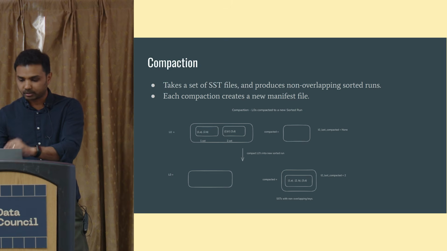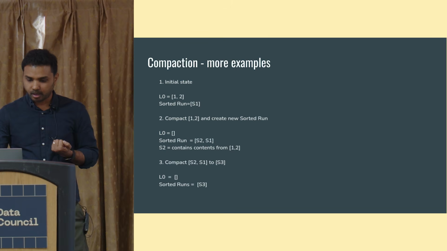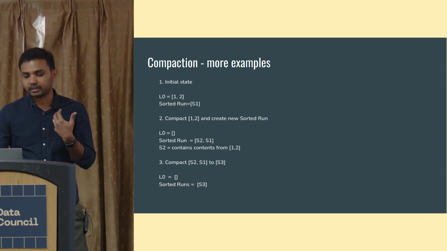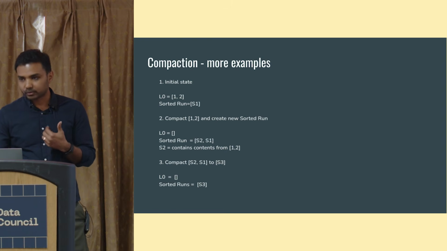After compaction, the data from both of the files is in the compacted SST, and then L0 last compacted is updated to B2. Example number 3 is slightly different. It takes 2 sorted runs and then creates a different sorted run. So that's what compaction does.